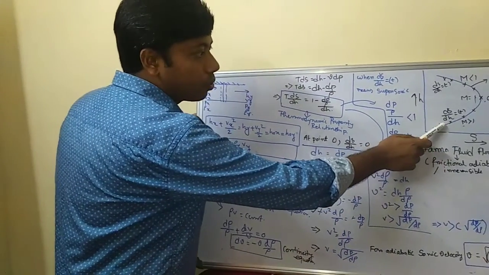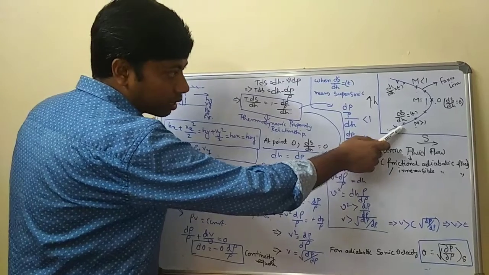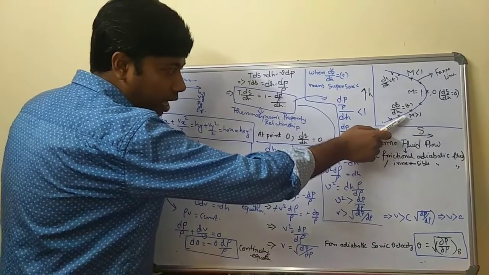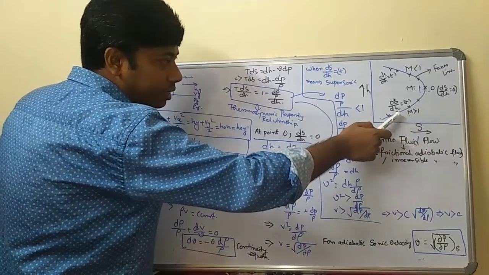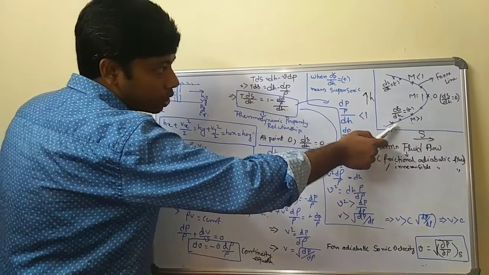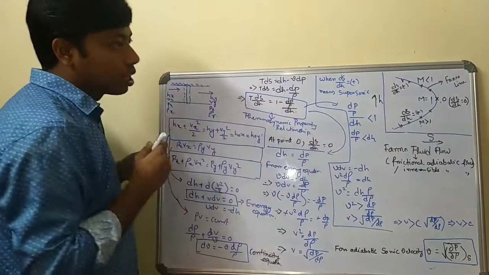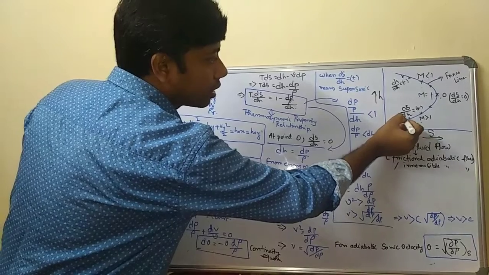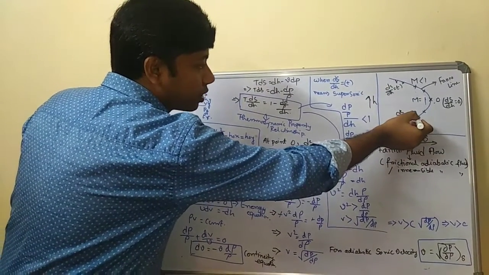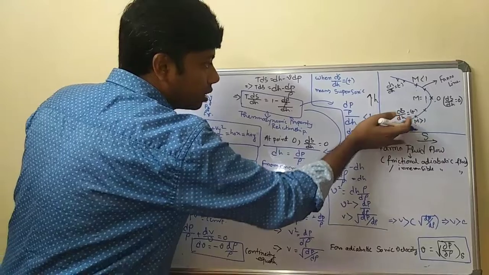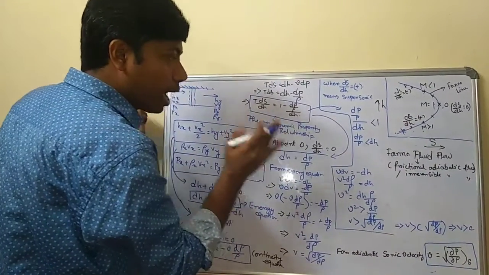So when the fluid flows along the duct, the velocity will slowly decrease, and it goes from supersonic toward sonic velocity. So in this line, when it reaches this point, it indicates the fluid flow along the duct line.